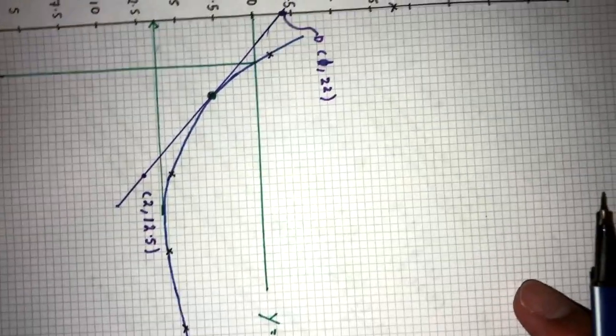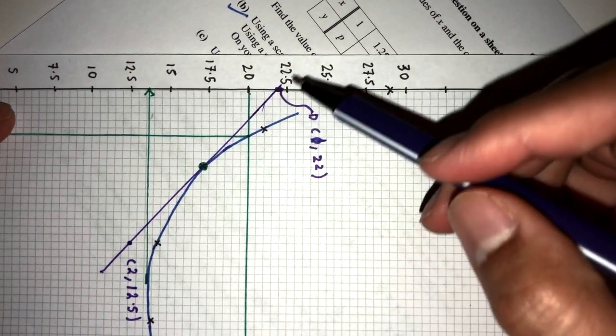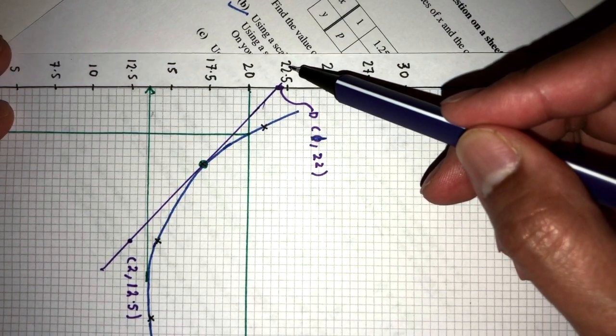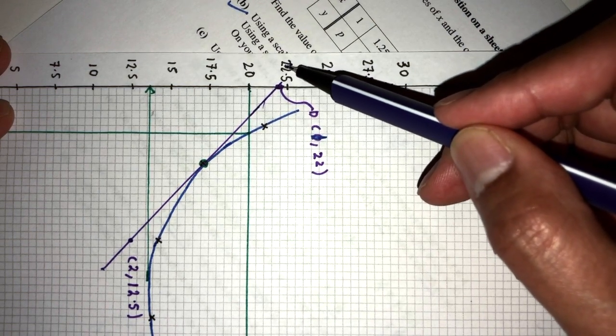So again, you have to use a ruler for this. Don't try this at home because I'm using my freehand to draw this, which is not good. Okay, so it will be a straight line, which will look somewhat like this. Not perfect.